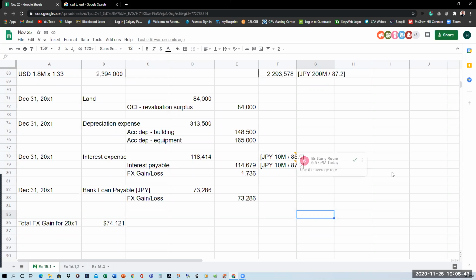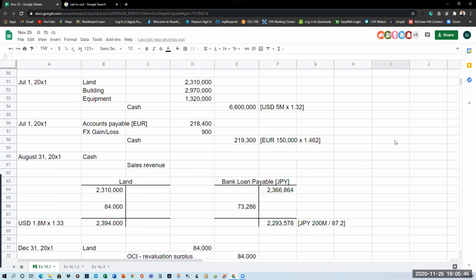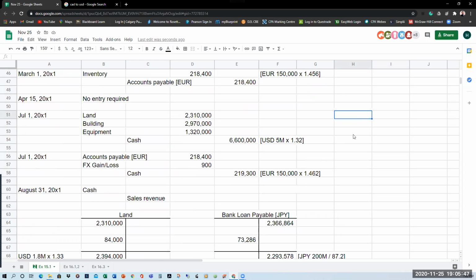So what I wanted to communicate here was, if you think about the US dollars, we paid 5 million US. You could have calculated the US dollar equivalent for the land, 35%, for the building, 45%, and then the difference for the equipment.